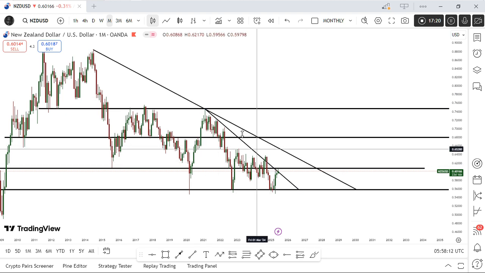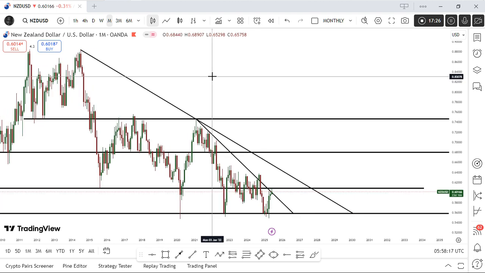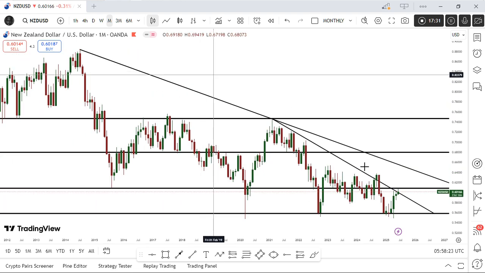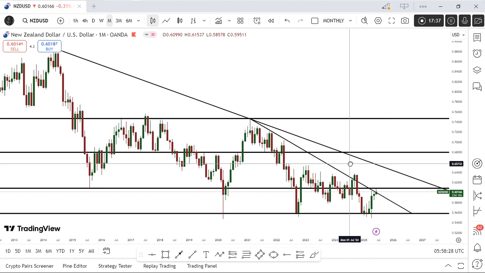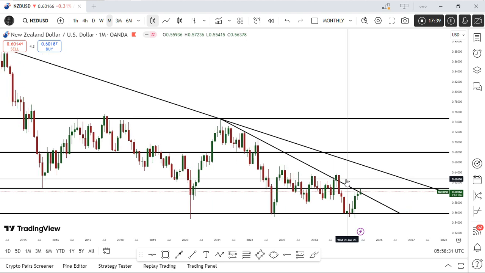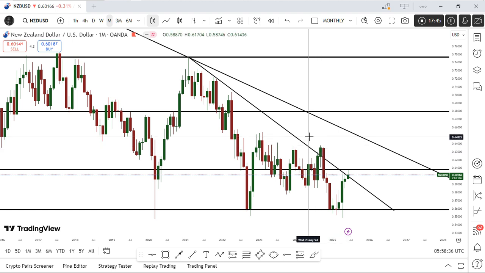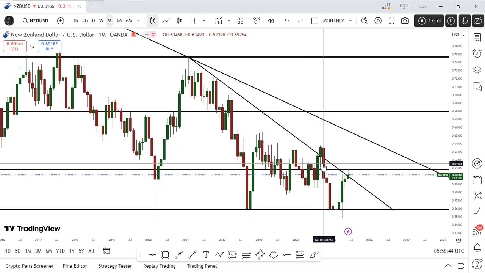When we plot our trend lines to identify the current flow of the river, we could see that in the year 2024, the NZD dollar broke above this line, right? We all know that when a trend line is taken out and price stays above the trend line, the case is to continue in that direction.